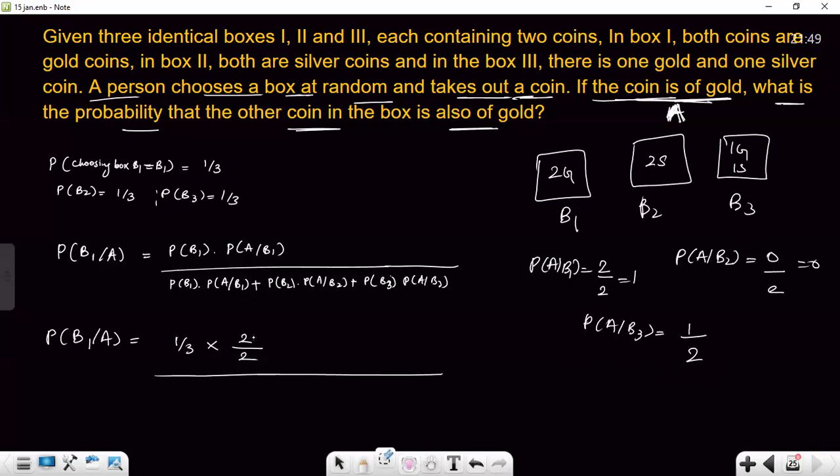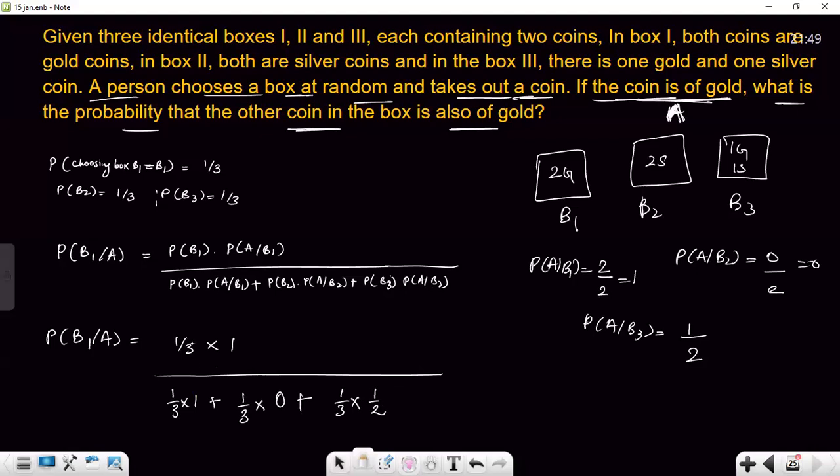So let's put the values here. Is everything clear? Yes, sir. So this was 1, divided by 1 by 3 into 1, plus probability of choosing box 2, which is also 1 by 3, times probability of a gold coin in box 2, which was 0, plus probability of choosing box 3, 1 by 3, multiplied with probability of a gold coin in box 3, which was half.